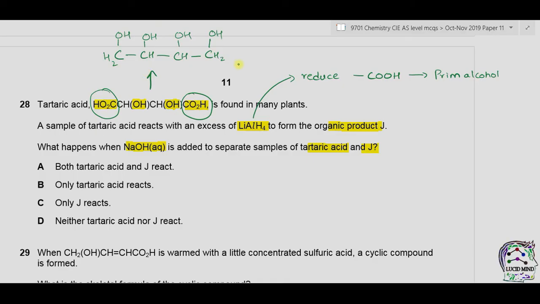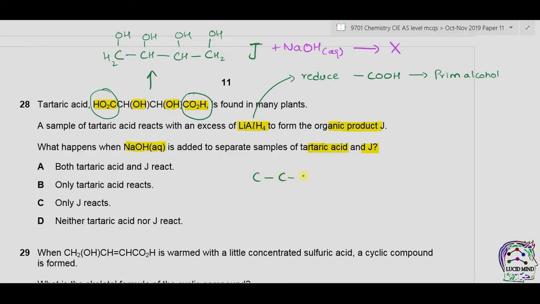Now this product is J. Now when J is reacted with aqueous sodium hydroxide, it does not give any product because alcohols do not react with aqueous sodium hydroxide. Let's see the second reaction of tartaric acid with aqueous sodium hydroxide.